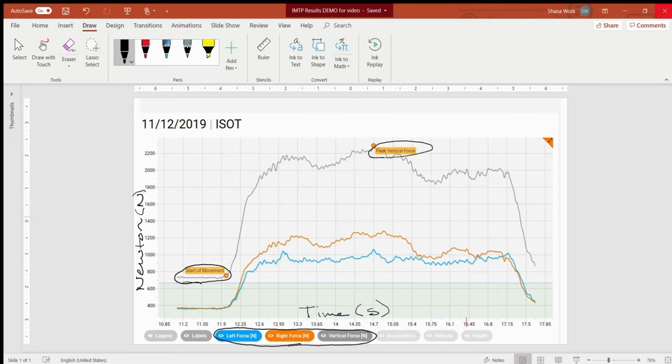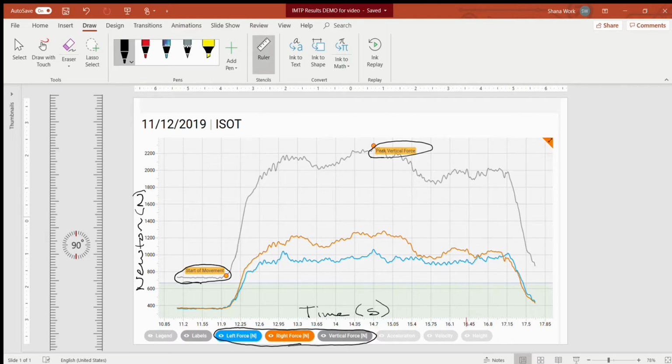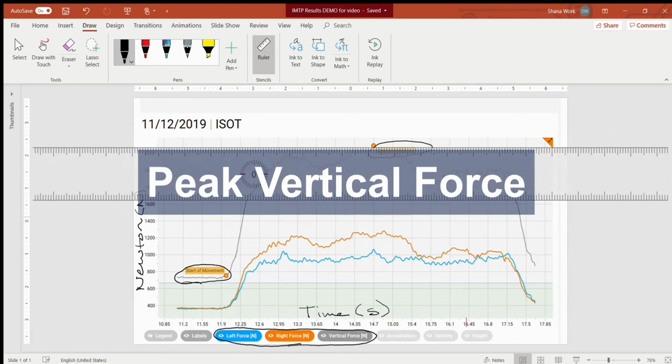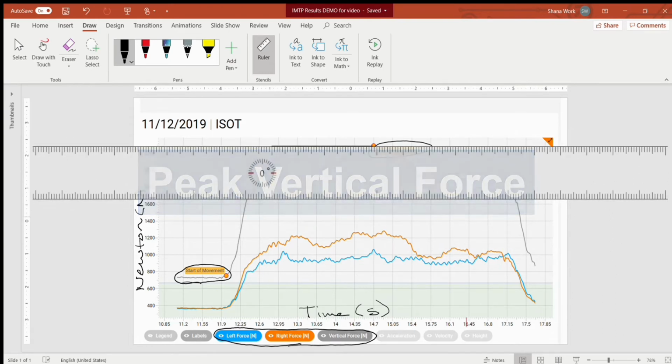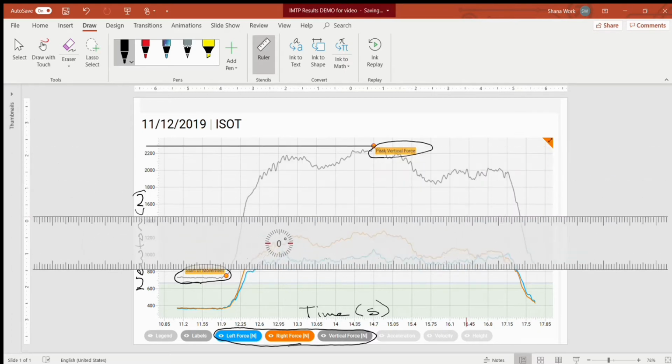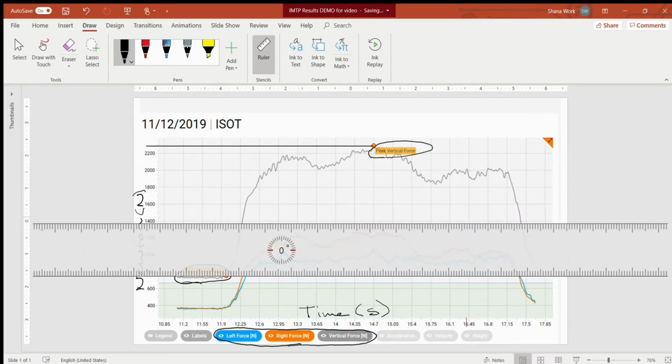Here, the benefit of using PowerPoint is that you can use a ruler to draw a nice straight line from that point all the way over, and we can identify the peak vertical force. Each of these intervals between the values is 200 newtons.